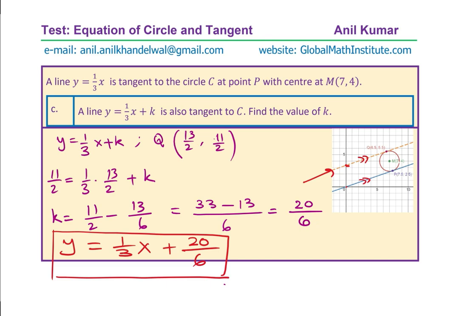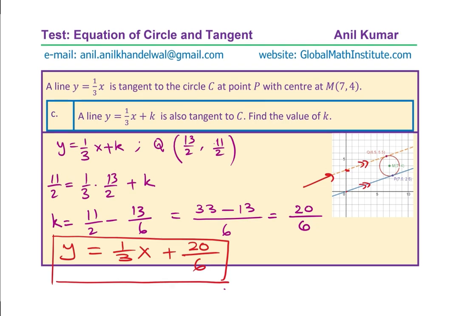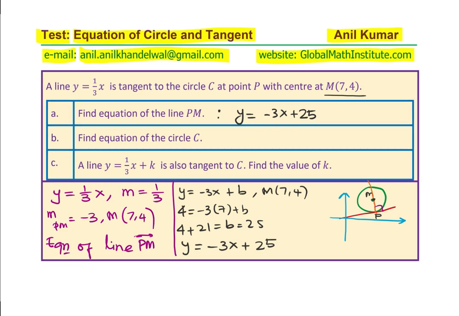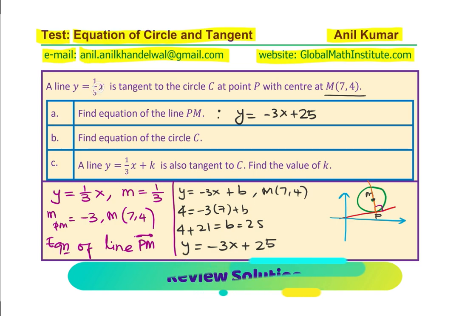So I hope you understand the complexities involved in this question itself, right? We began by looking at the problem: a line which goes through the origin with a slope of 1 over 3 is tangent to the circle, as shown here. So we sketched the diagram to understand the situation.